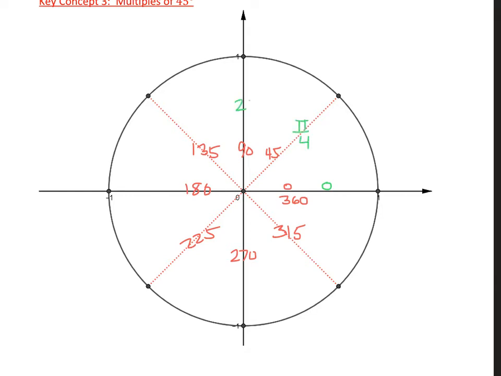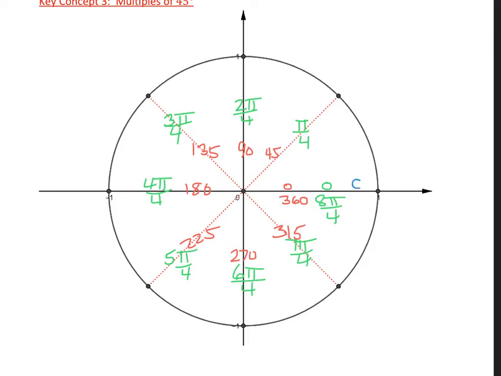We have 2 pi over 4 radians. 3 pi over 4 radians. 4 pi over 4 radians. 5 pi over 4 radians, 6 pi over 4 radians, 7 pi over 4 radians, and finally all the way around is 8 pi over 4 radians. Just like we did with the 30, 60, 90 angles, we're going to simplify these if we can.